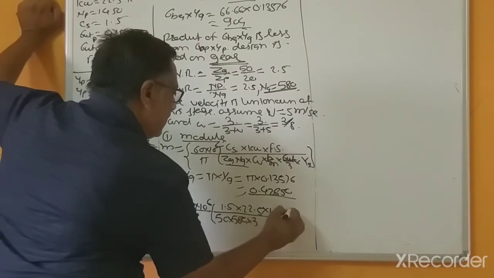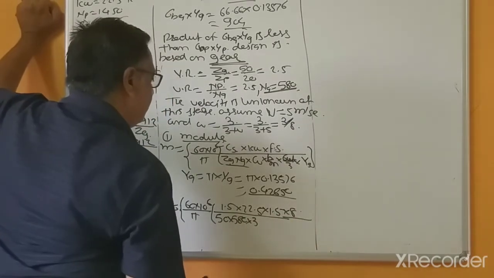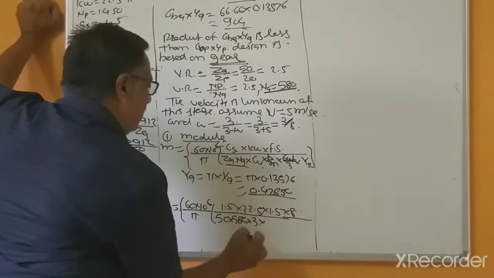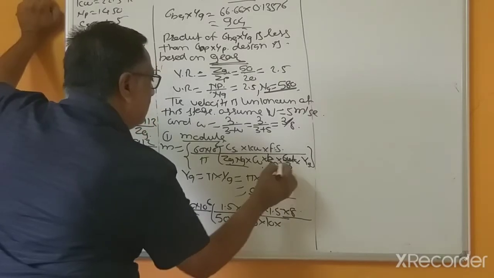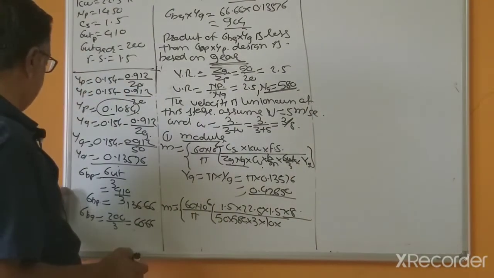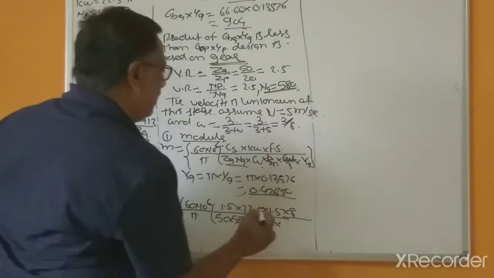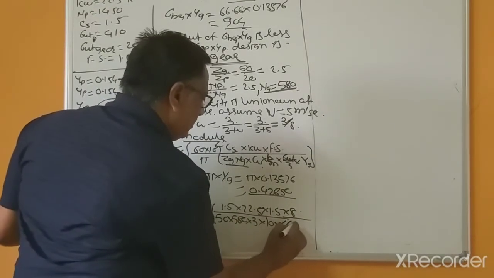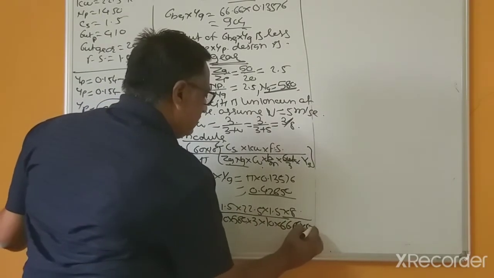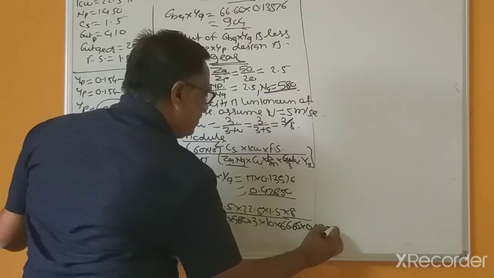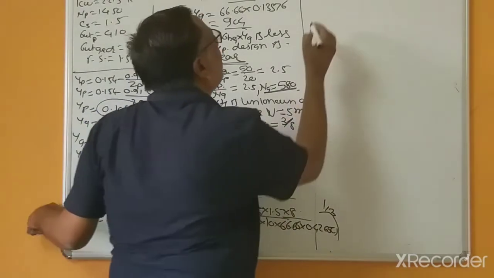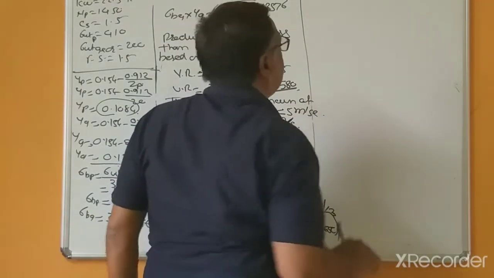So that's why here I multiplied by 3 by 8. B by M means this is 10. This is 200 divided by 3, so we already calculated that, 66.66. And this is 0.13576, raised to 1/3.